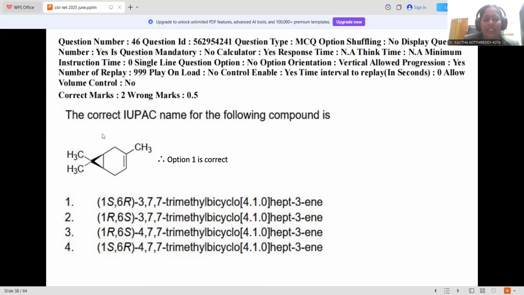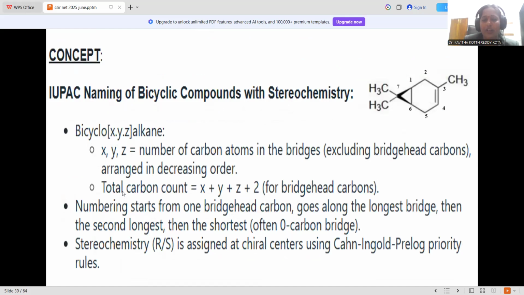Okay, if a bicyclic ring system is taken, certain rules are to be followed in order to give the numbering for the system. If a bicyclic ring system is taken into consideration, numbering starts from the bridgehead carbon always. This is the fundamental thing we need to follow.